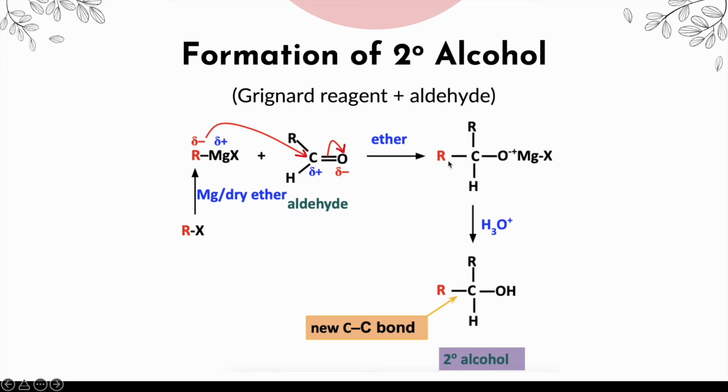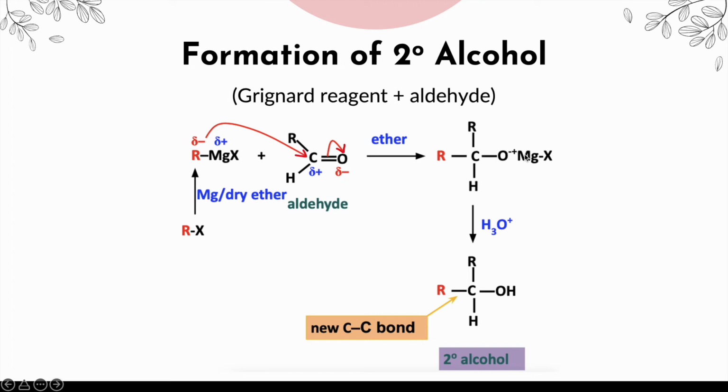One single bond is formed in the presence of ether, and then the double bond C double bond O, one of the bonds is used to make lone pair at the oxygen, making this oxygen negatively charged, so MgX delta plus, and it will form O minus MgX plus.